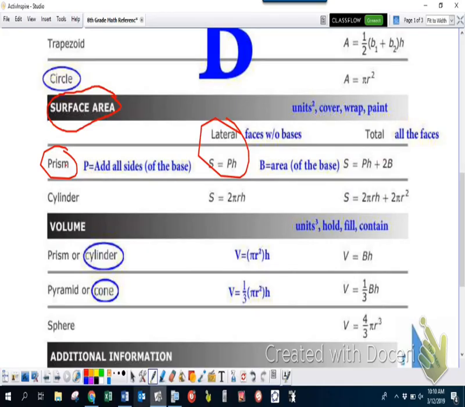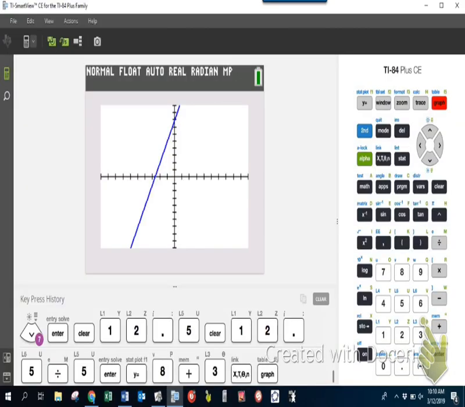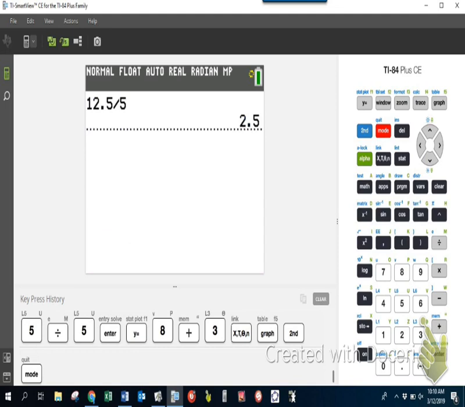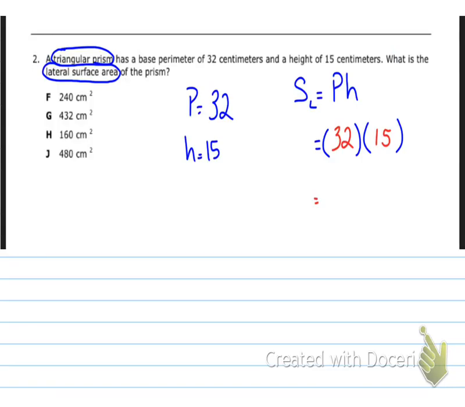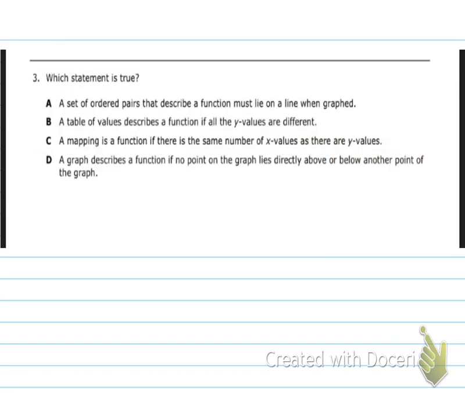If I go work that out on the home screen, I'm looking for an answer of 480. So it comes out nice and easy. The answer is J. Notice why I'm putting units squared at the end. These were hints that this was an area problem, so you always want to pay attention to those details. But it's a pretty easy question, as long as you know what the formula means.